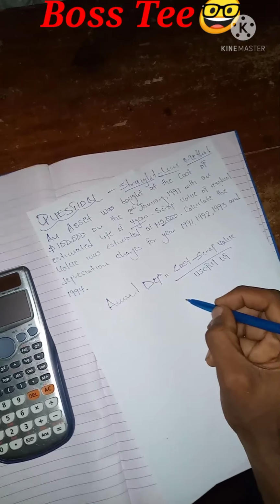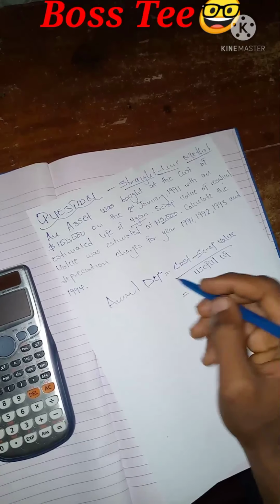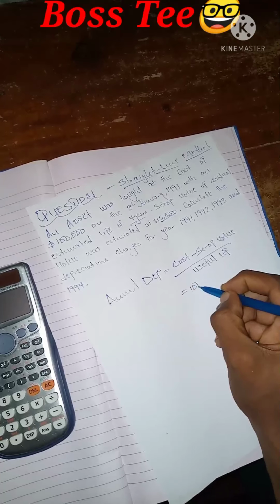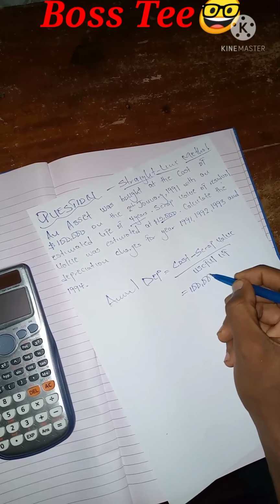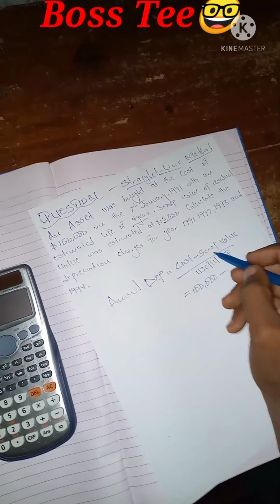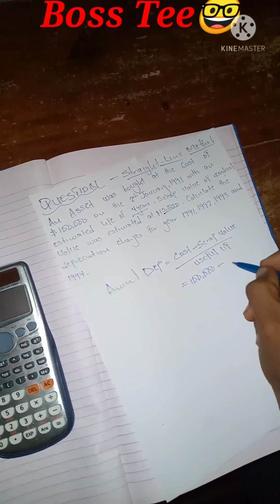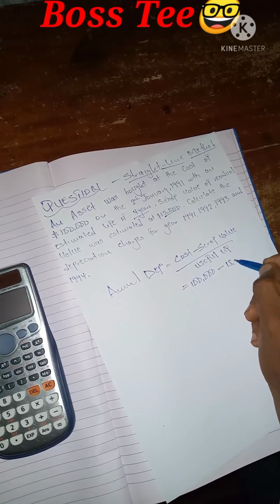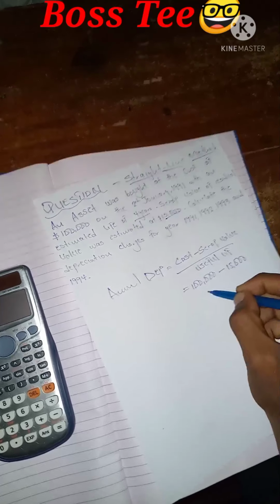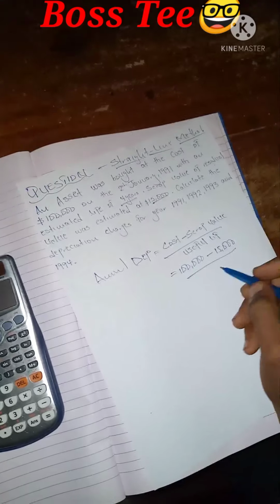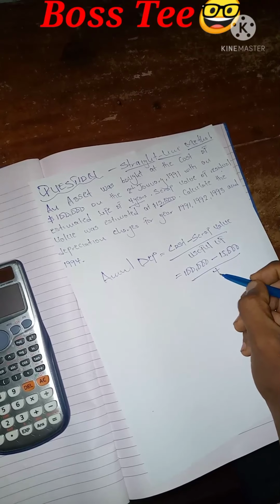Good. Now looking at this question, we have the cost of the asset, which is $100,000 subtracted by the scrap value, which is $15,000, all divided by the useful life or the estimated life, which is 4 years.